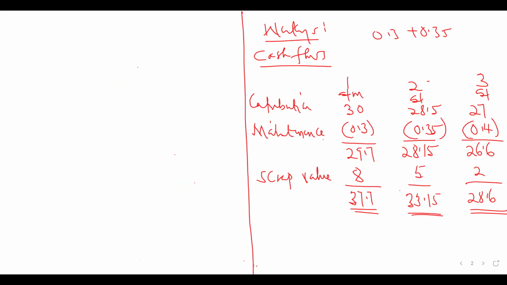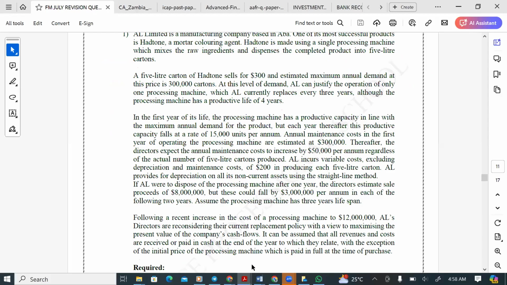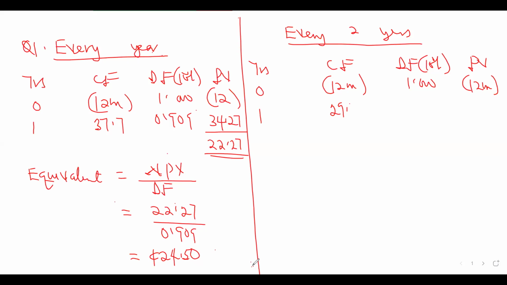So we have a cash flow of 29.7. This will be 0.909.